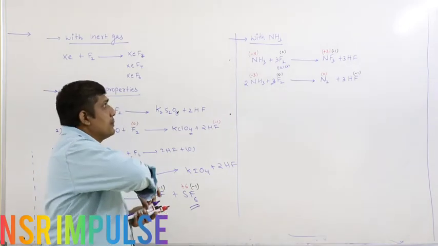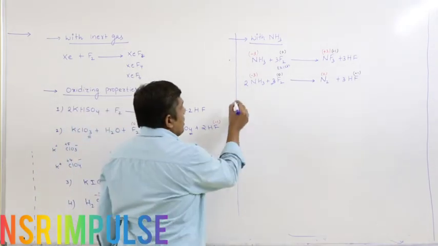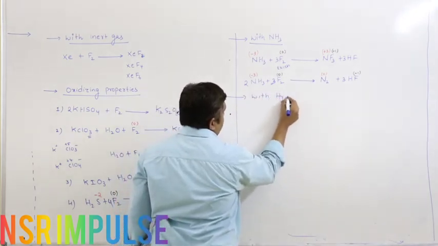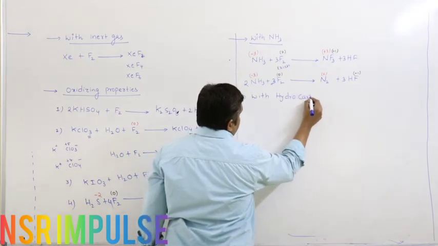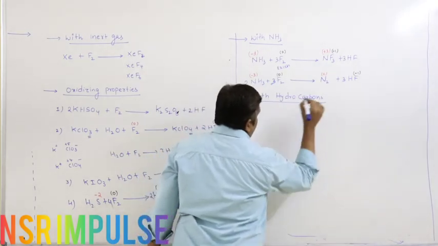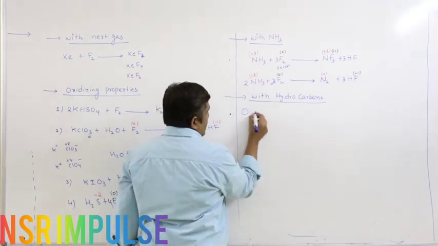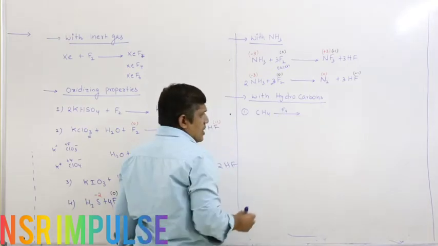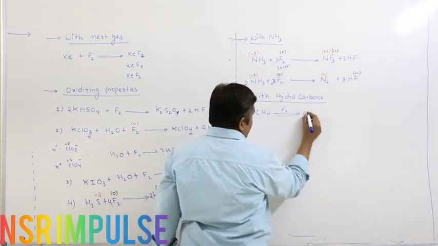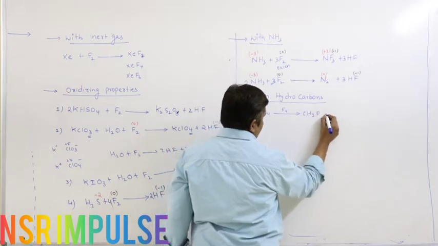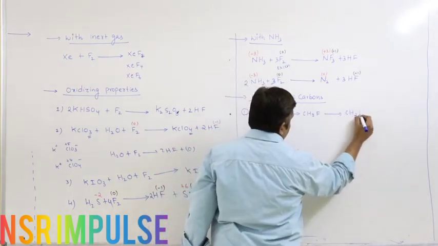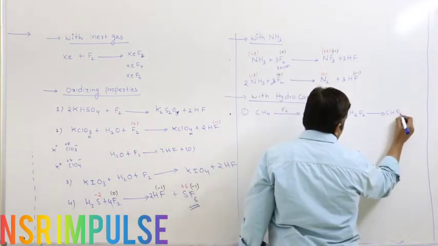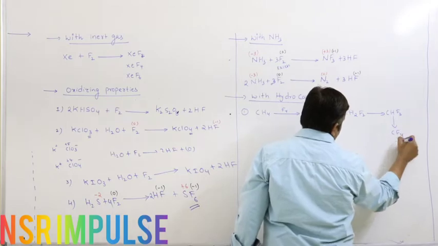Next, reaction with hydrocarbons. Let us take methane reacts with fluorine. Depending upon the amount, one hydrogen may be replaced, so you will get a mixture of products, or 2 hydrogens may be replaced, or 3 hydrogens may be replaced, or all the hydrogens may be replaced.